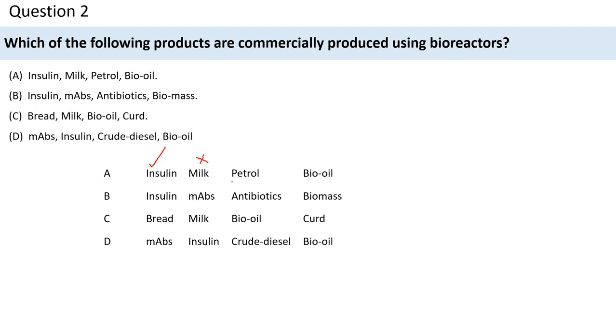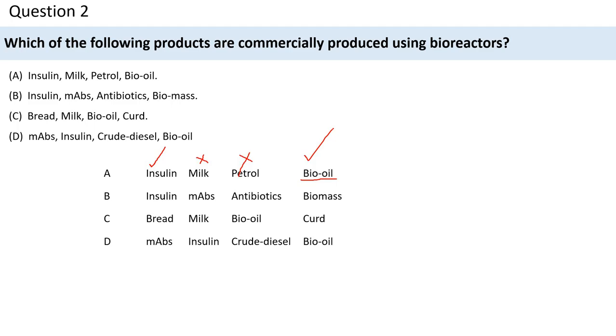But petrol is just a crude component obtained from mining. These are not being commercially produced using bioreactors. The other option is bio-oil. Bio-oil is produced, as the word bio itself is there. Yes, bio-oil is being commercially produced using bioreactors. As I have already mentioned, there is something called triacylglycerol.